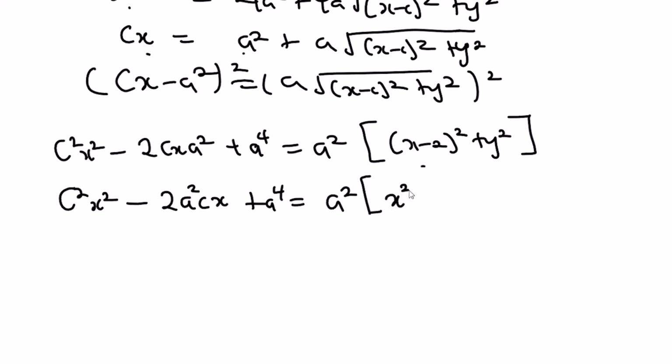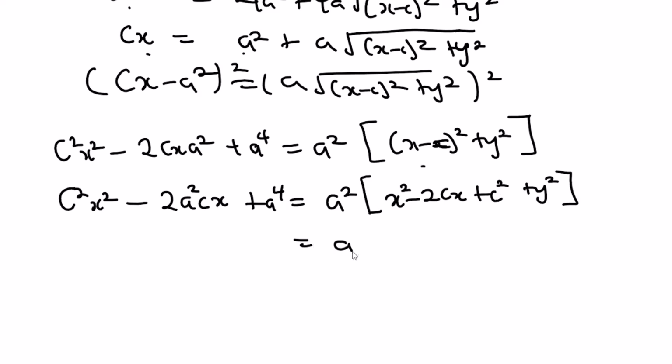So we have x squared minus 2cx plus c squared plus y squared. Now this is multiplying through.